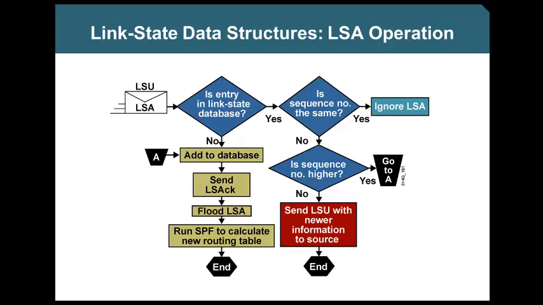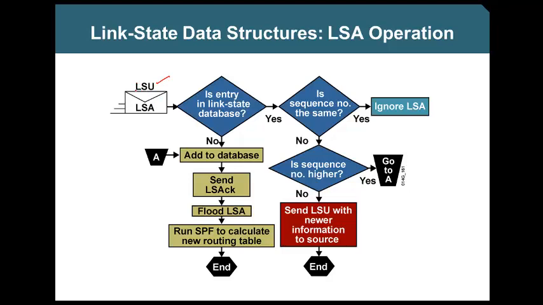You see, a packet is entering the router. It may be many updates put together, called an LSU, or it may be a single update, an LSA. It is coming in.